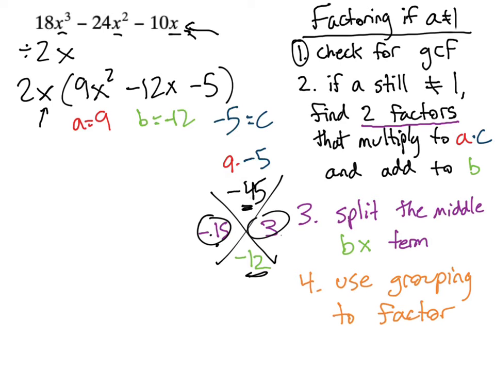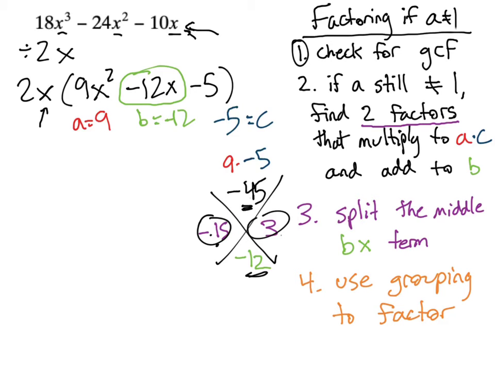We've solved our number puzzle, and now we're ready to move on to step 3. We're going to take this term in the middle, that bx term, and separate it out into the two factors that we found, negative 15x and positive 3x.